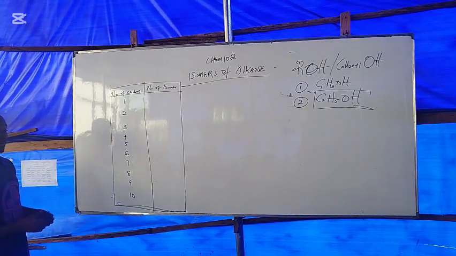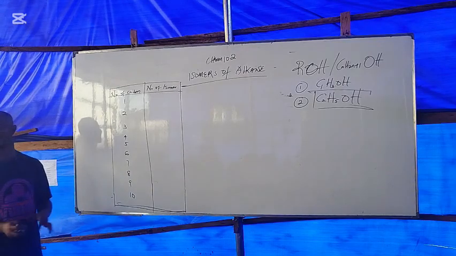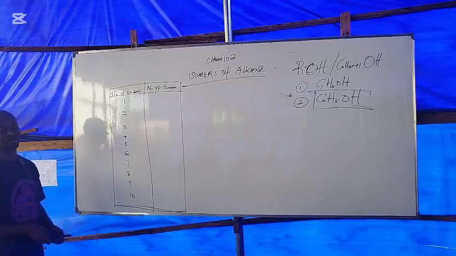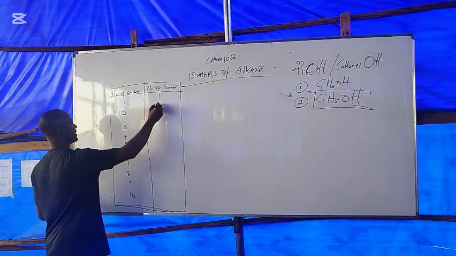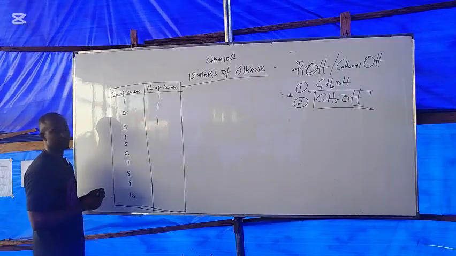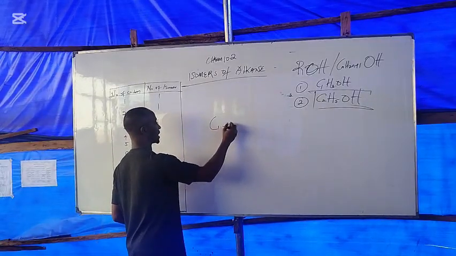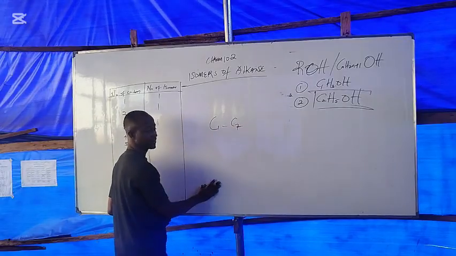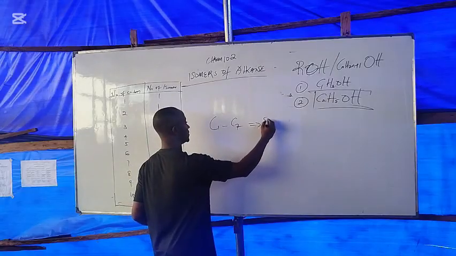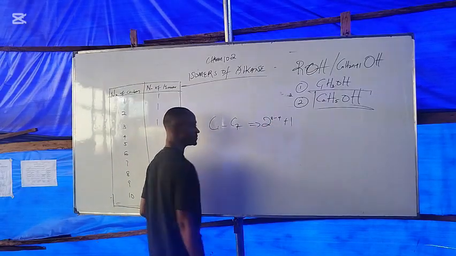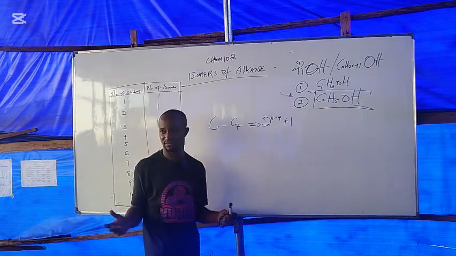We say the first 3 members of alkane have one isomer, so here we have 1, 1, 1. Let's take the formula I gave for carbon 1 to carbon 7: 2 raised to n minus 4 plus 1. Do you know why they all have 1?